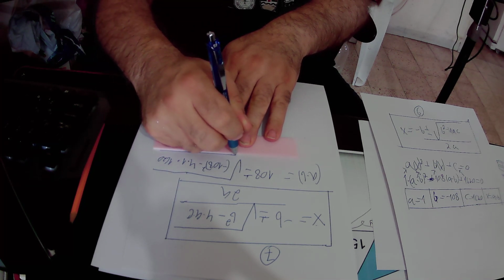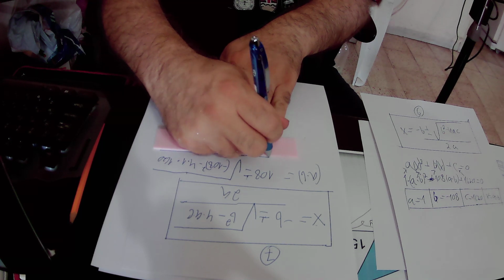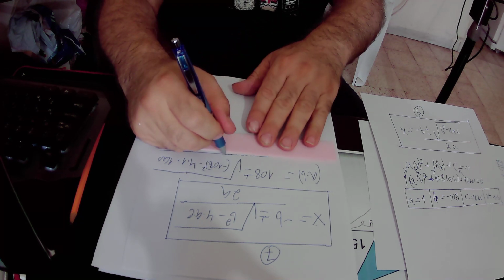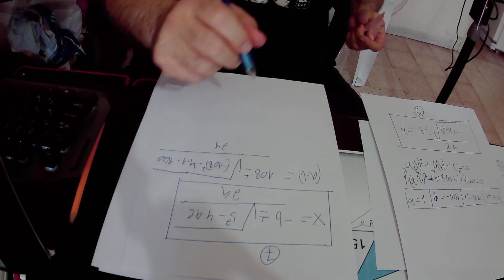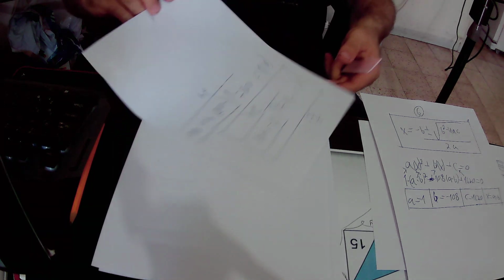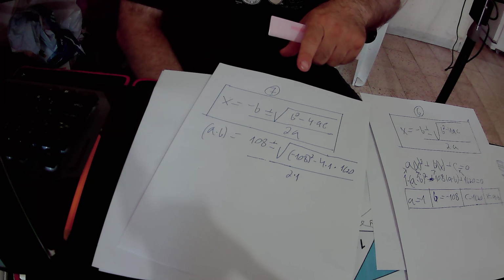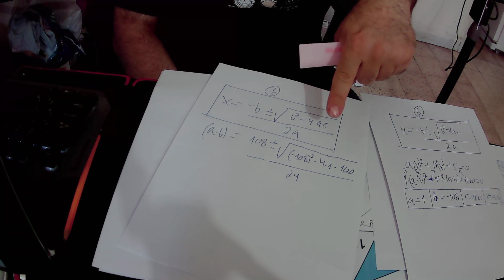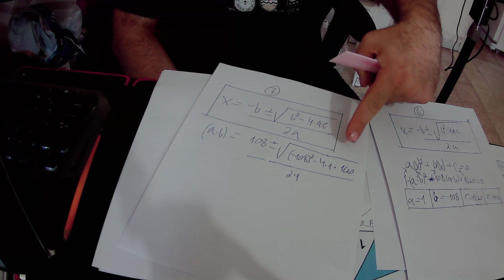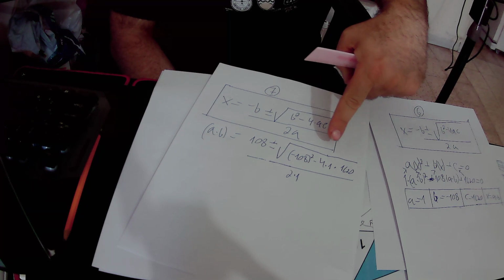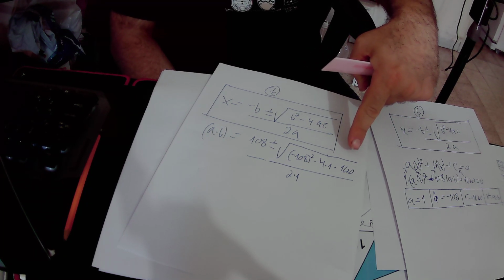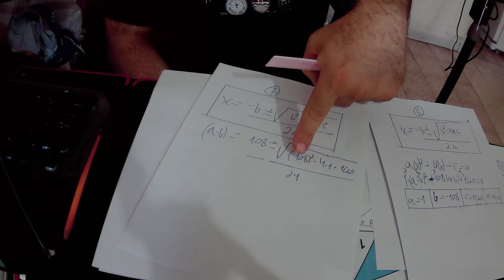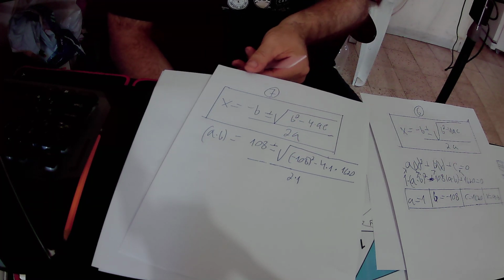So we divide by 2 times a, that is 2 times 1, which equals 2.